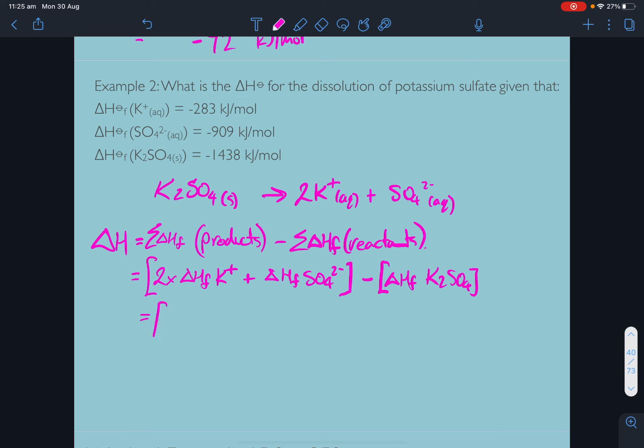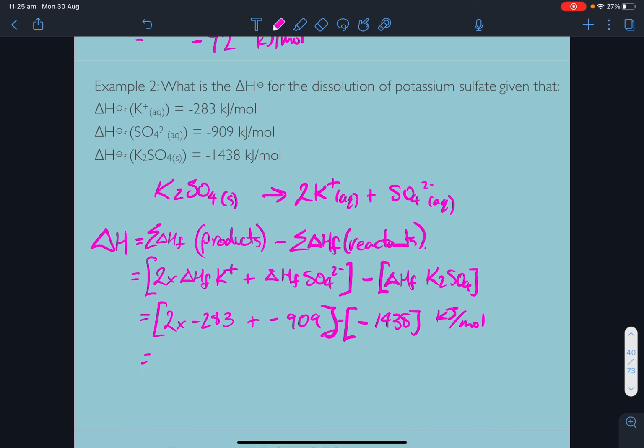So we've got 2 times, what's the heat of formation of potassium? Negative 283. And add on the heat of formation of 1 of the sulfates, so plus minus 909. And minus the negative 1438 kilojoules per mole.